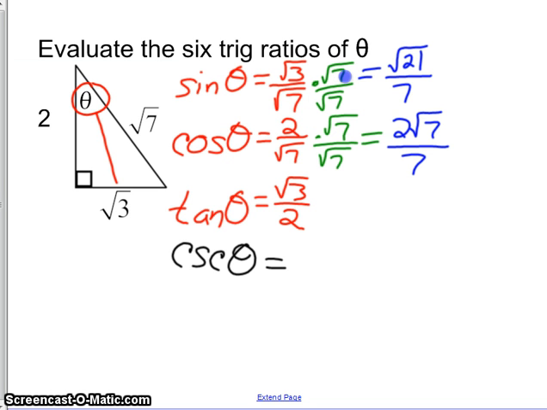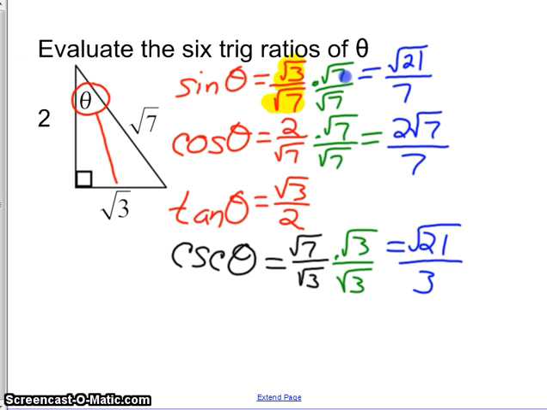So I want to look at this, not the rationalized one, to find my reciprocal. So I've got square root of 7 over square root of 3, and this time I'm going to multiply top and bottom by radical 3, so it's going to calculate differently. So I've got square root of 21 over 3.